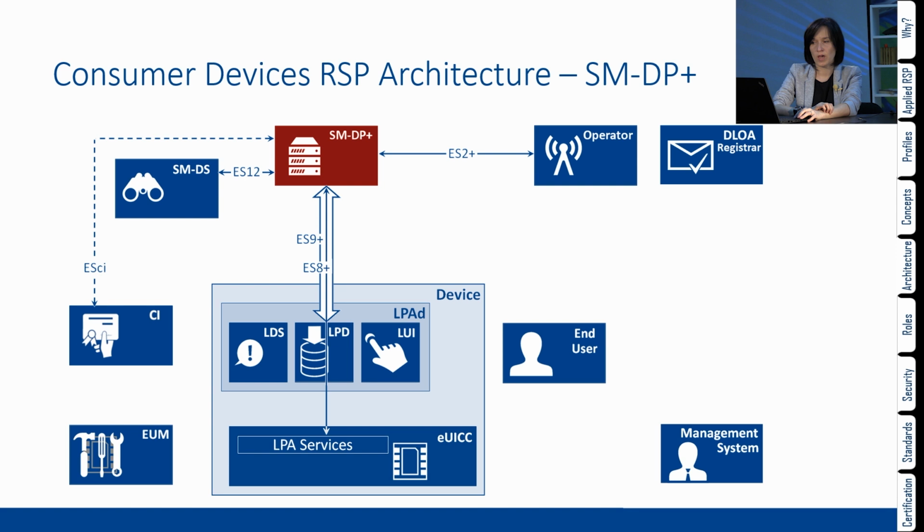And then we have the ES9+ and ES8+ interfaces to transfer the profile and for the communication between the LPA and the SM-DP+. And for sure we have the channel planned to the CI, because again we have certificates inside, but this interface is out of scope.